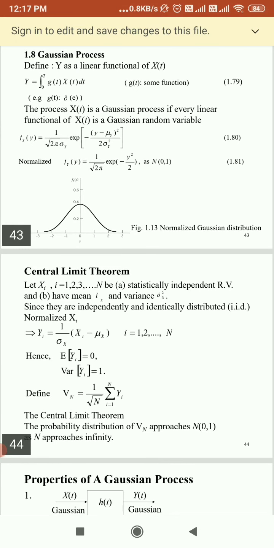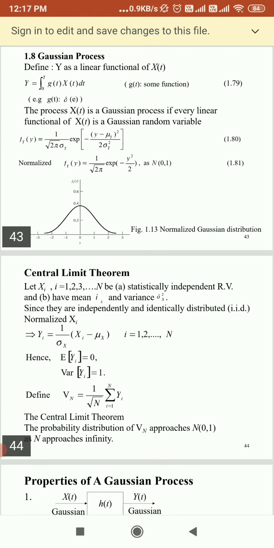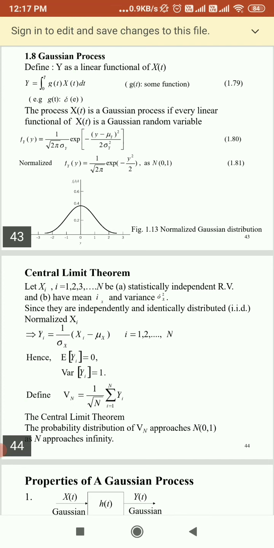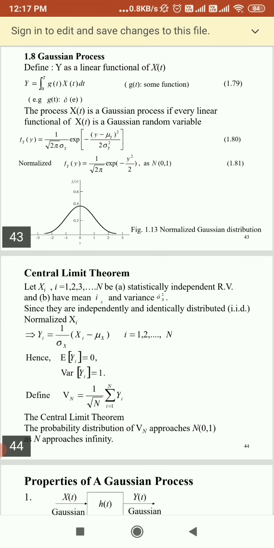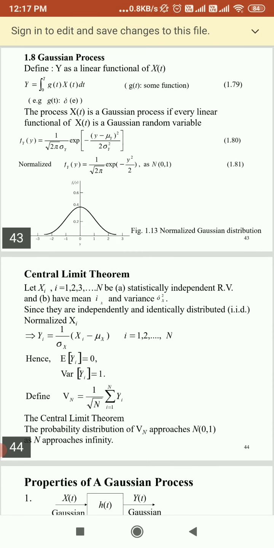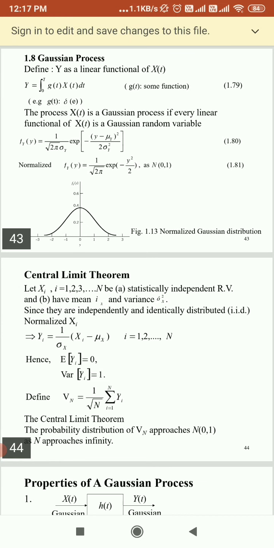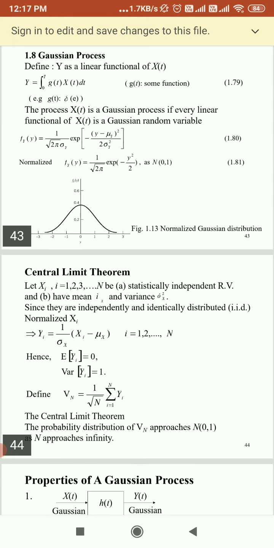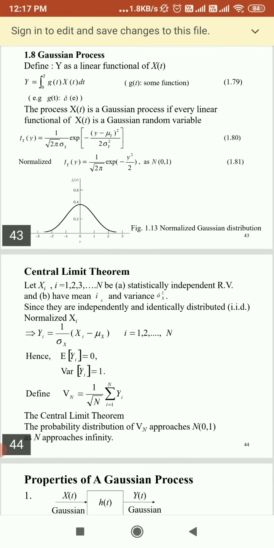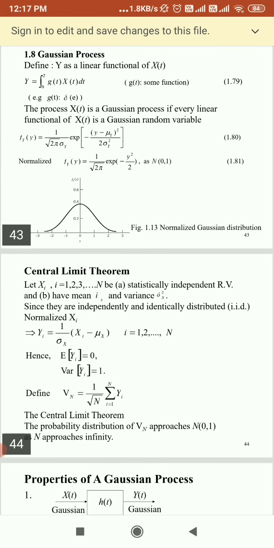So we can calculate here total current, that is the sum of a large number of random variables. According to the central limit theorem, this sum will be taken as Gaussian distributed. And here we will see some more properties of the Gaussian process which will help in analyzing a system with ease.